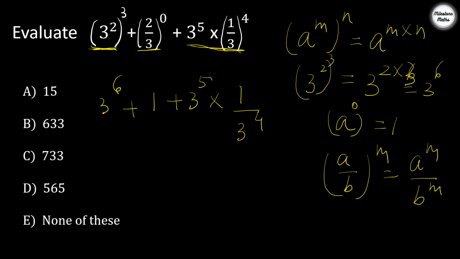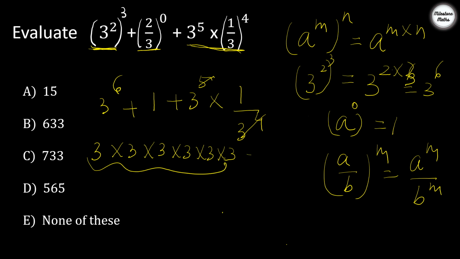Now here 3 raised to power 5 in the numerator, and in the denominator 3 raised to power 4. So this will get cancelled, only one 3 will be left in the numerator, right? And 3 raised to power 6, you can multiply 3 six times: 1, 2, 3, 4, 5 and 6. When you multiply 3 six times, you get 729.